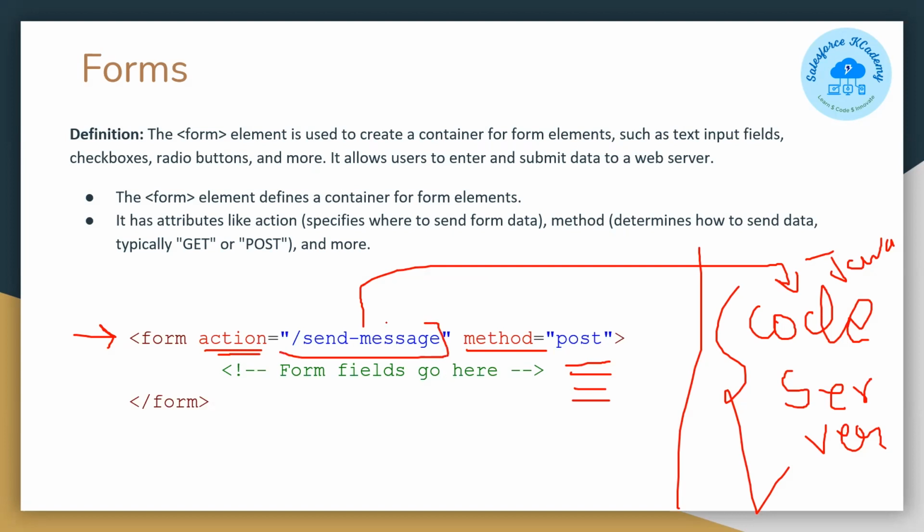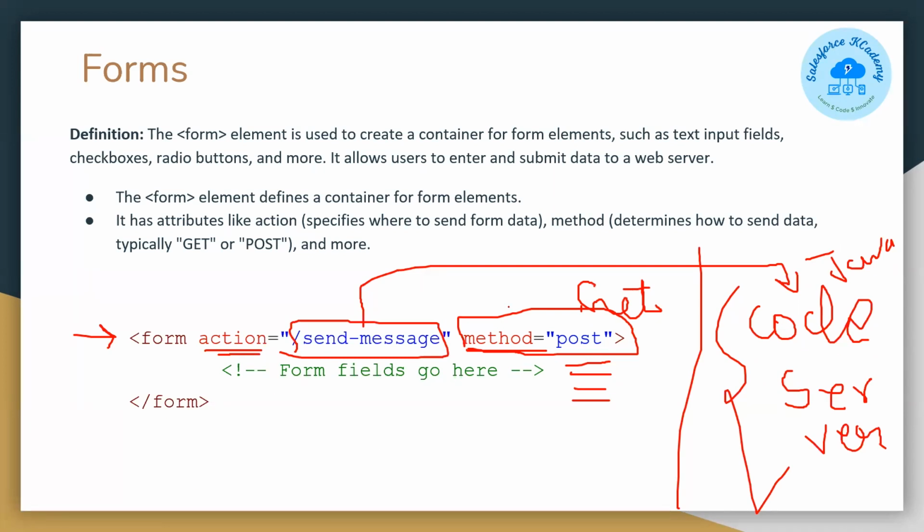Send message or sign up, like that. Okay. There is also something called the method attribute. The method attribute is either post or get. Don't worry about what post and get are; you'll come to know after you understand the concept of server-based coding.